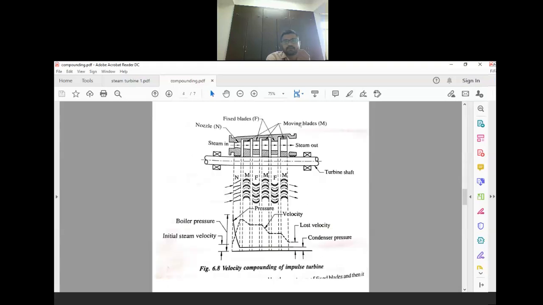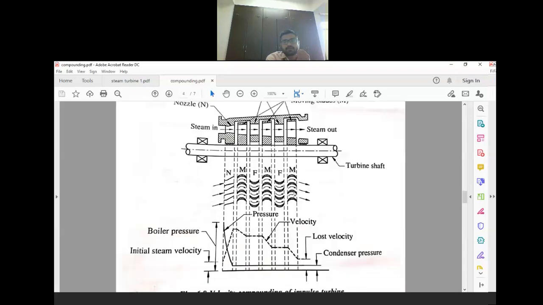Now we will discuss velocity compounding. I told you that in velocity compounding, velocity will be reduced step by step. So here you can see, suppose this is 50, and you reduce that pressure suddenly from 50 to 1 bar. Clear? So that's why your velocity suddenly gets increased.